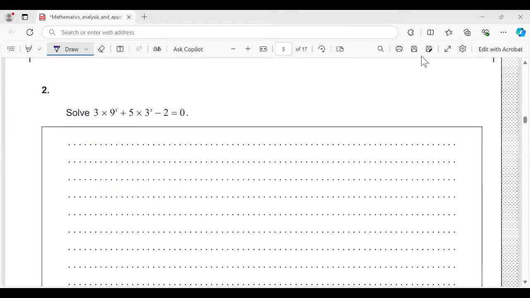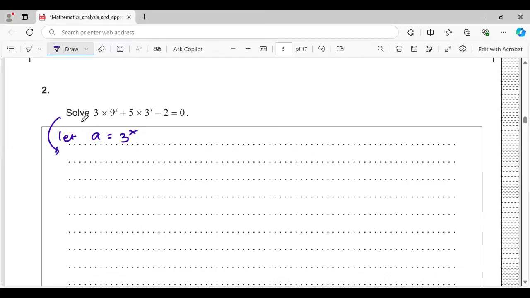Two, solve 3 multiply 9 power x plus 5 multiply 3 power x minus 2. Okay, so let a equals 3 power x. So this equation becomes 3a squared plus 5a minus 2 equals 0.